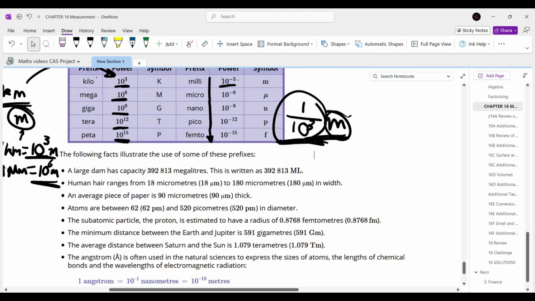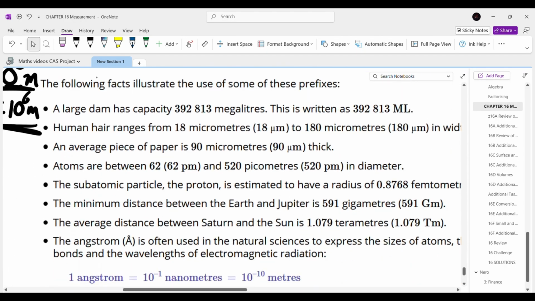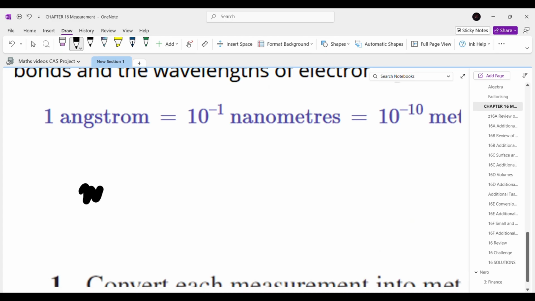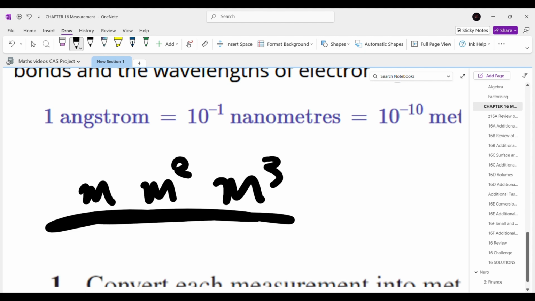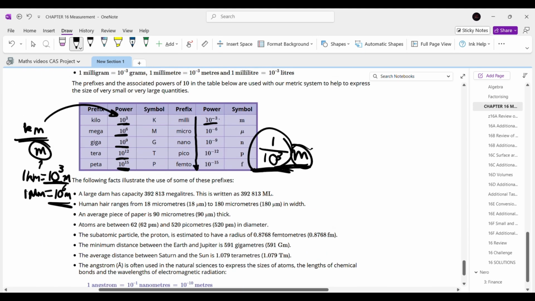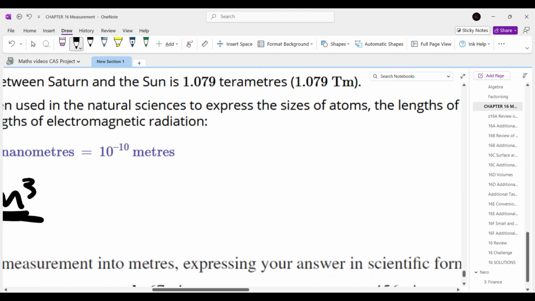And then you can obviously convert into each of these. And when expressing your values in scientific form, you want to use meters or meters squared or meters cubed, because meters is the basic value. And then you just use your powers right here in order to express it scientifically.